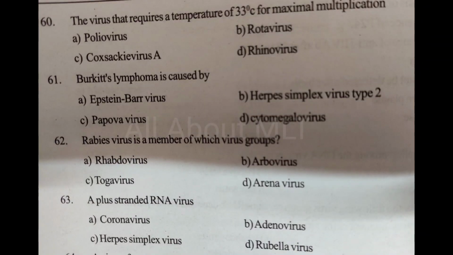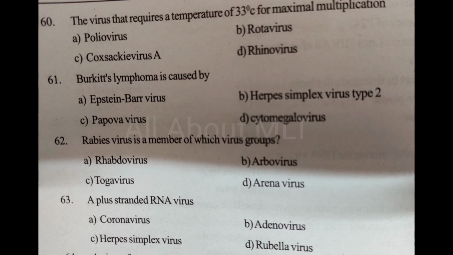The virus that requires a temperature of 33 degrees Celsius for maximal multiplication. Option A poliovirus, option B rotavirus, option C Coxsackie virus A, option D rhinovirus. Answer is option D rhinovirus.